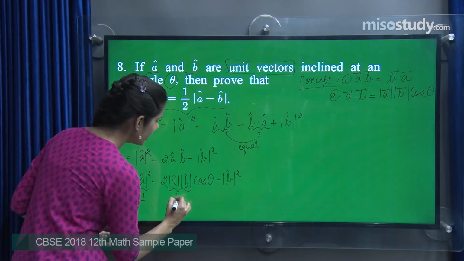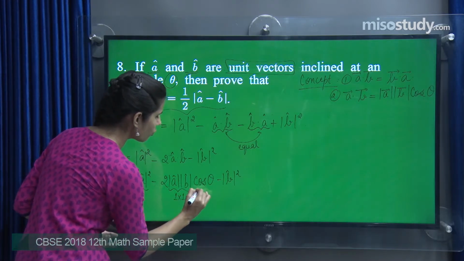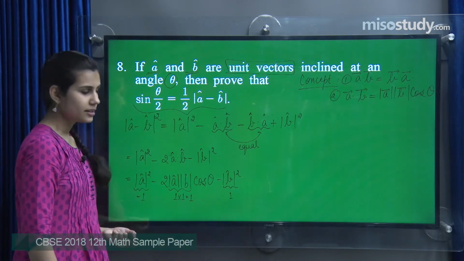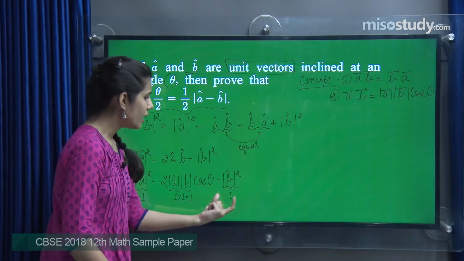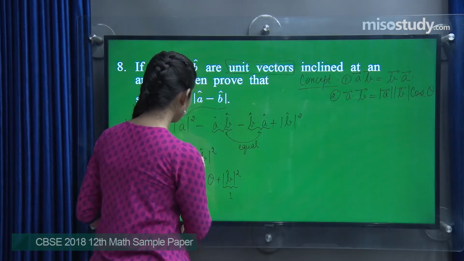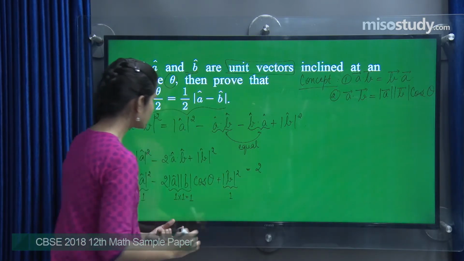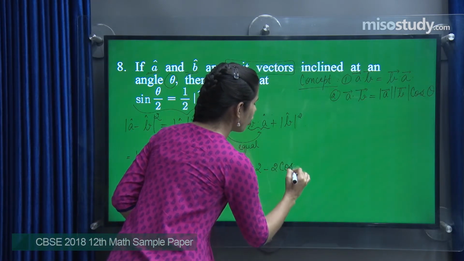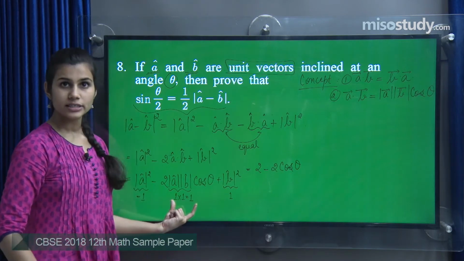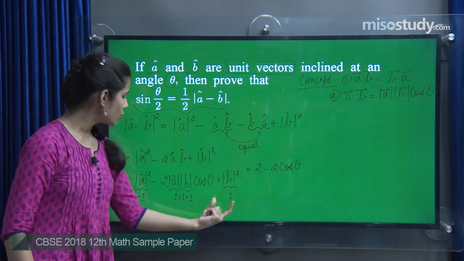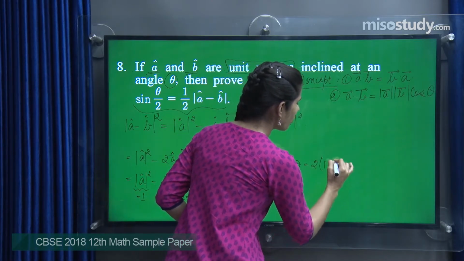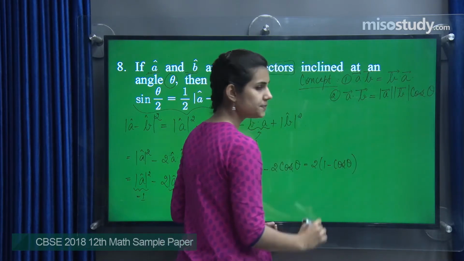This is 1 into 1, which is 1. This is 1 square, which is again 1. So you get 1 plus 1, that is, here it's plus. So 1 plus 1 gives you 2 minus 2 cos theta, because this is 1. So you get 1 plus 1 minus 2 cos theta, which delivers you 2 times (1 minus cos theta).